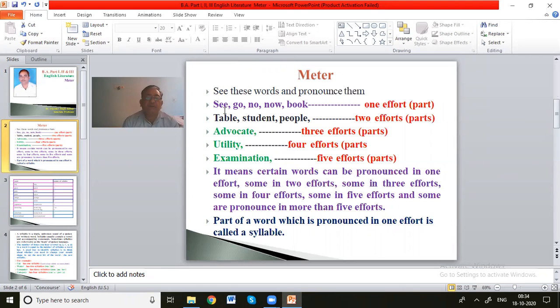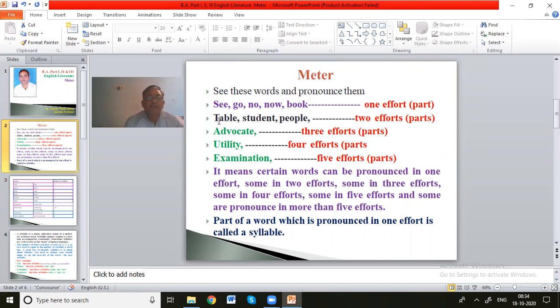The words are see, go, no, now, book. If we look at them and pronounce them, we can pronounce them without any break in our speech sound, that is, in one effort or in one part. That is, we can say these words can be pronounced in one effort.